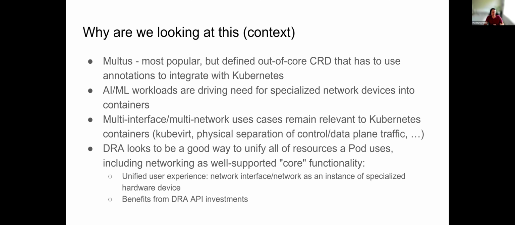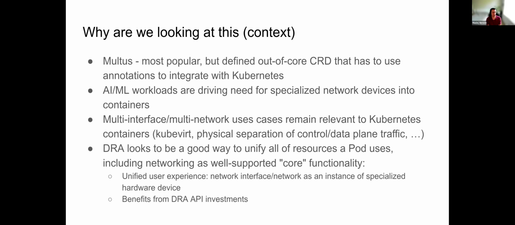Then the other aspect that happened recently in the ecosystem is AI/ML workloads coming around, working towards specialized networks and requiring those. Additionally, we still have the multi-network and multi-interface use cases that are relevant for Kubernetes, like KubeVirt with VMs or physical separation of control and data plane traffic. I will have some more use cases later on.